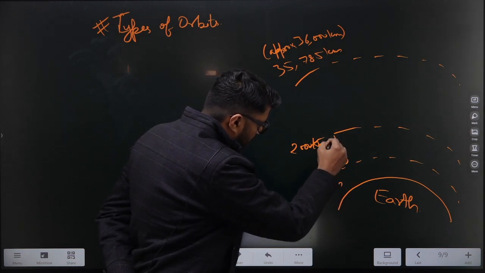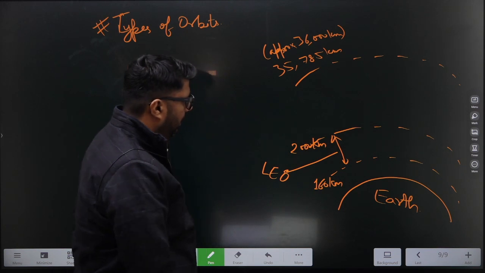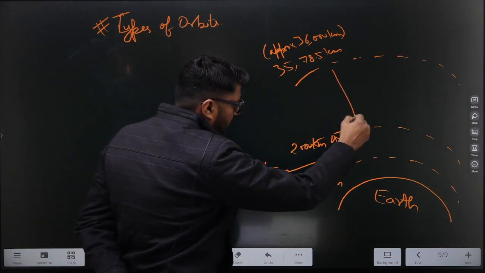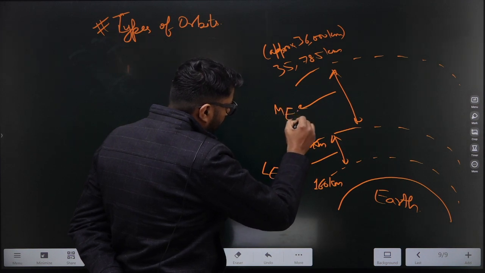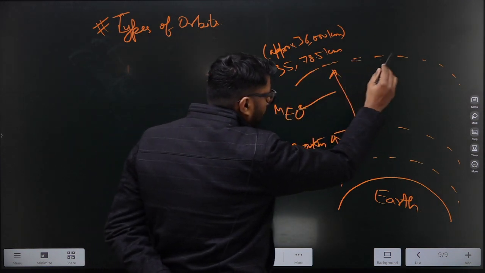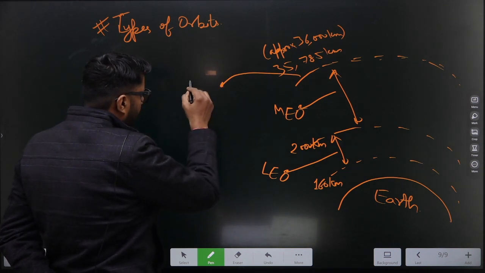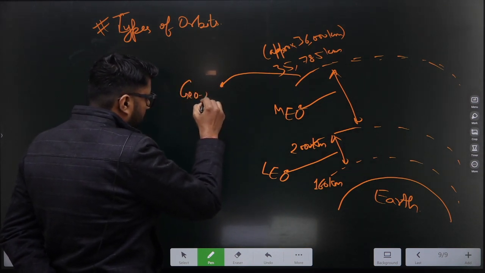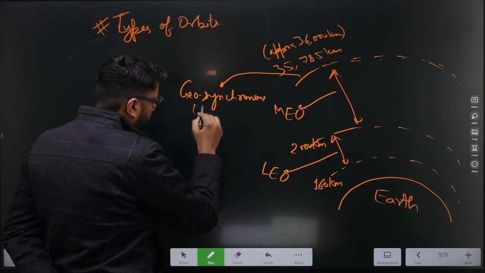This region is called low Earth orbit, this region we can say is medium Earth orbit, and at this altitude it is the geosynchronous orbit.